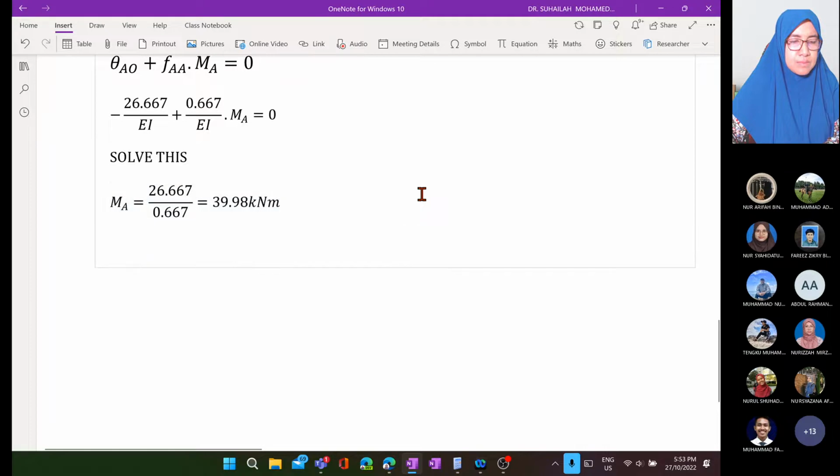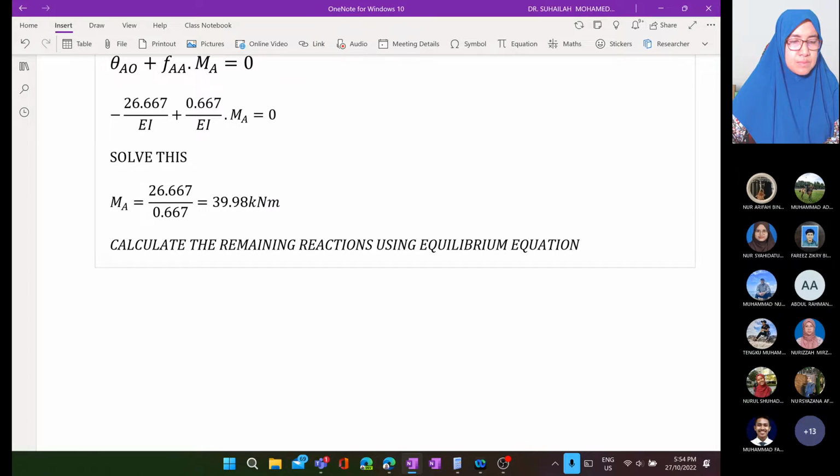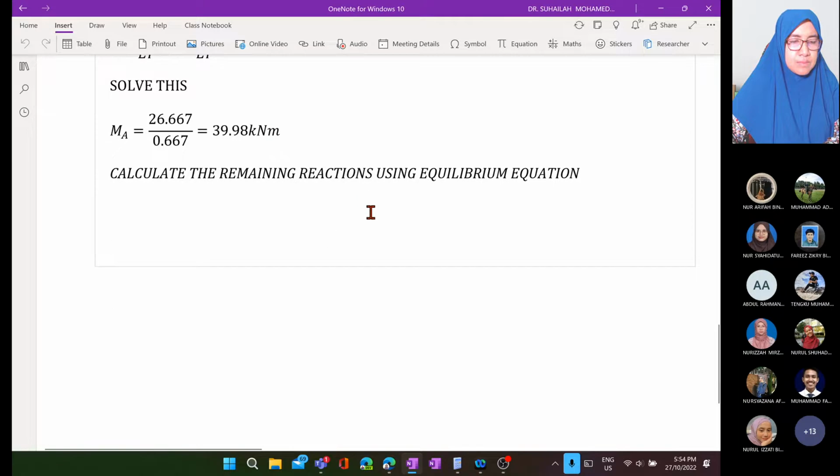So having this redundant, can we calculate the remaining reactions using the equilibrium equation? AY, AX, and BY. Can you?